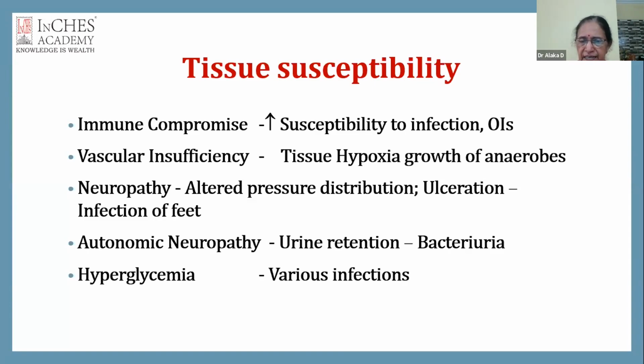Therefore, these patients get bacteriuria or urinary infections. And hyperglycemia per se, as I told you, the sugar levels are high in the blood circulating all over the body, and this will help the growth of the infecting organisms. Hyperglycemia per se gives an invitation to various infections.